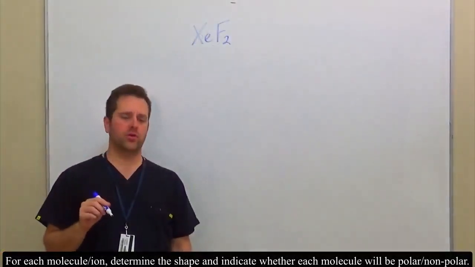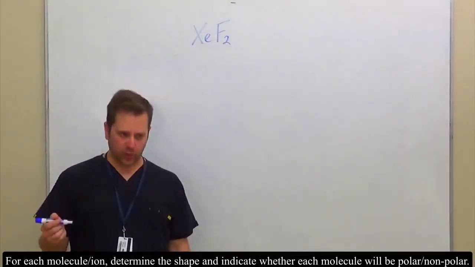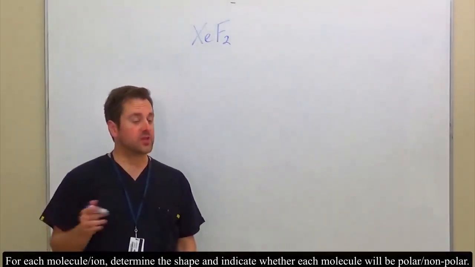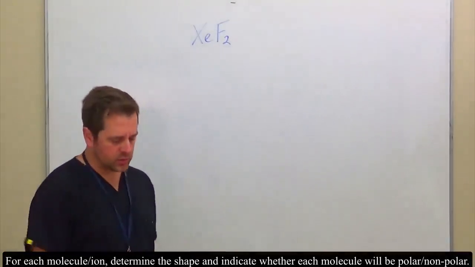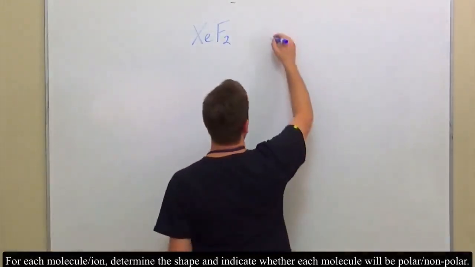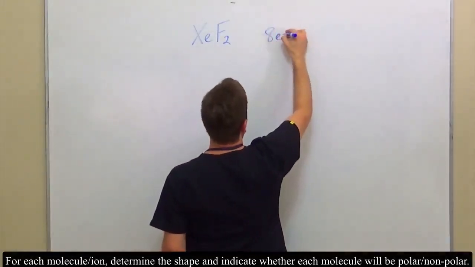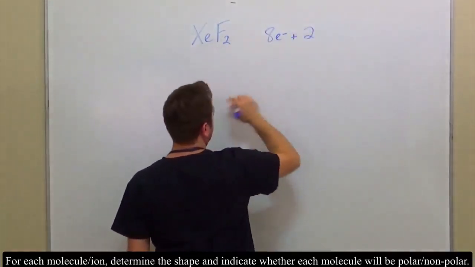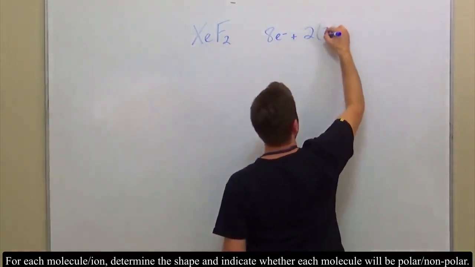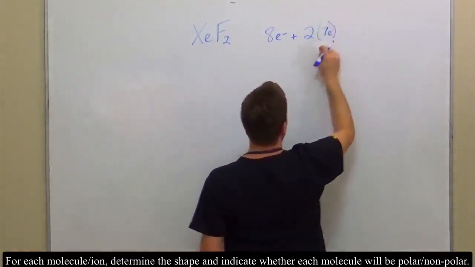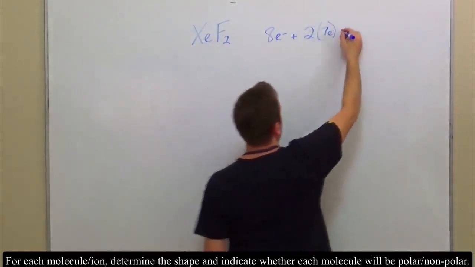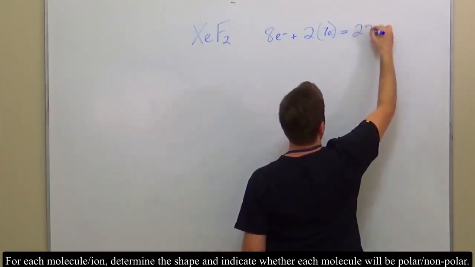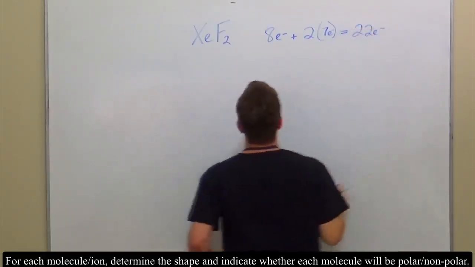Our next molecule is xenon difluoride. Now xenon, it's a noble gas, right? It's in group 8, so it has 8 valence electrons. And we're going to add it to our 7 valence electrons on each fluorine, so 2 times 7. So we got 14 plus 8, that's 22 total electrons.